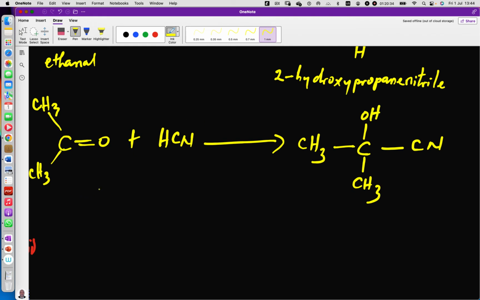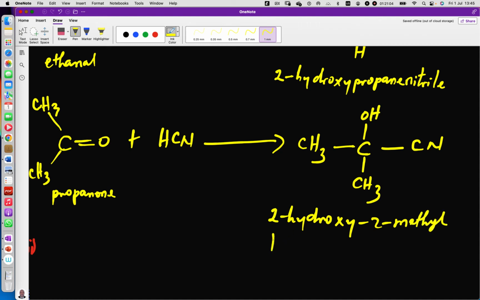So we can say that this is propanone, and this is 2-hydroxy-2-methylpropanenitrile.